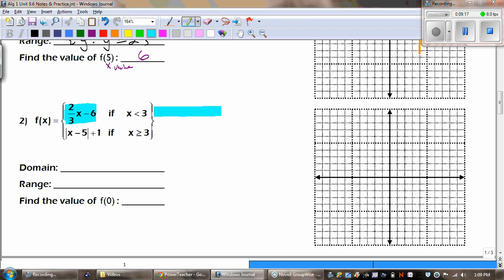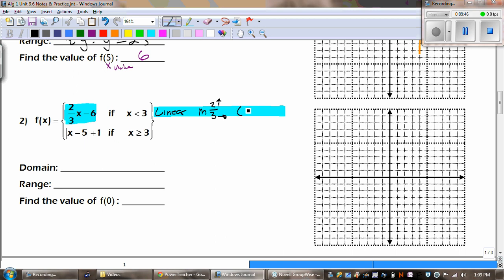So here's our first equation. Now, what type of line is that going to give us, or graph? Okay, that's a linear. And we need to know our slope. When we're talking about linear, our slope is 2 over 3, which means we have to go up 2 and to the right 3.